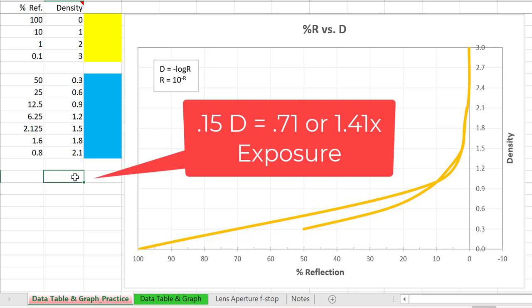Okay, and then the other rule we know is, again, from the Stouffer scale, a single step is typically 0.15. So when you have a density change of 0.15, we know the exposure changes by a factor of 1.41, right? So let's see, the reciprocal of that is 0.707, right?